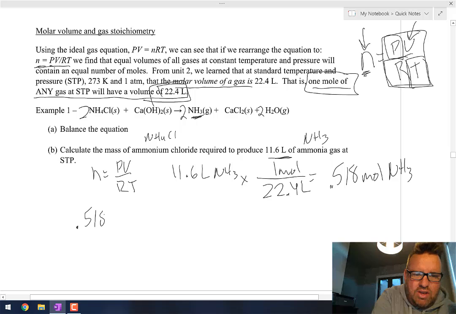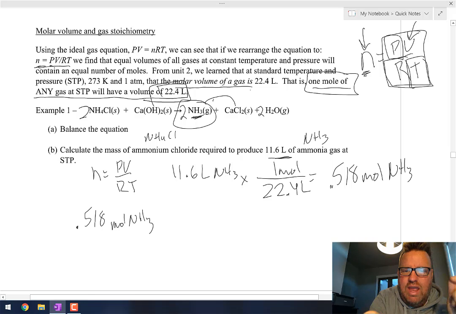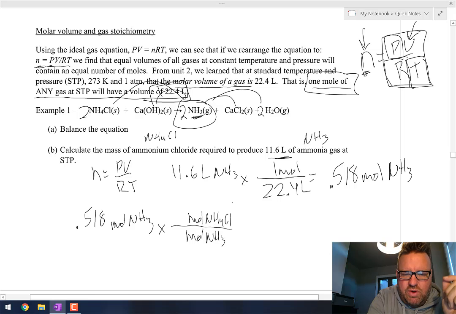So now I can do any stoichiometry problem that they ask me, converting NH3 to anything else in that balanced equation. Okay, they're asking for ammonium chloride, so I'm going to convert moles of NH3 to moles of NH4Cl.